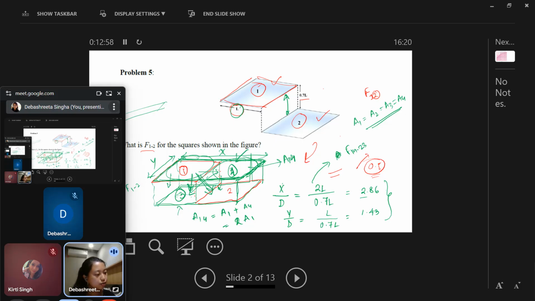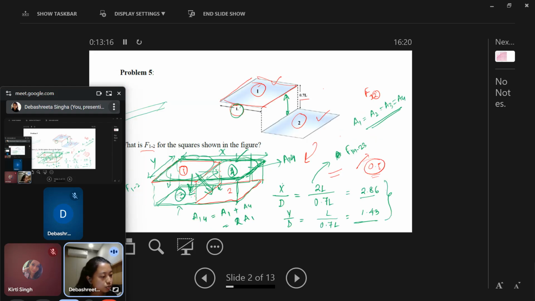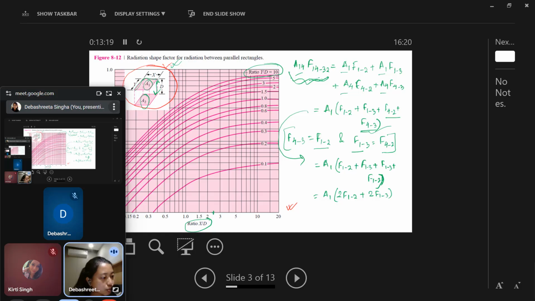So x by d we have 2.86, y by d we have 1.43. Around 2.46 around here only, and y by d is 1.43. That means almost here. If I draw the straight line from here, it's not straight.